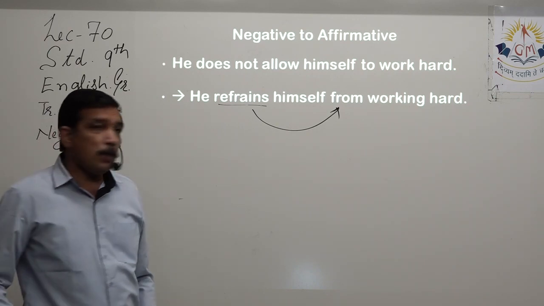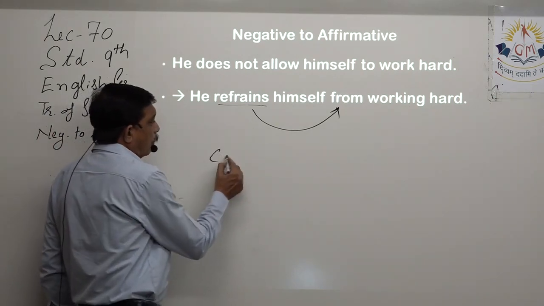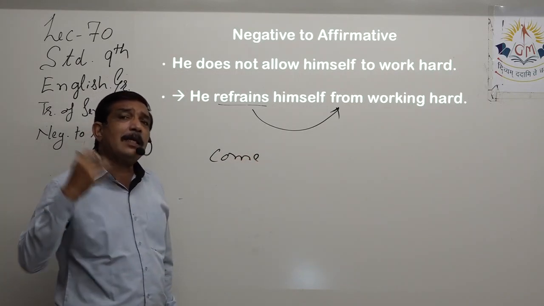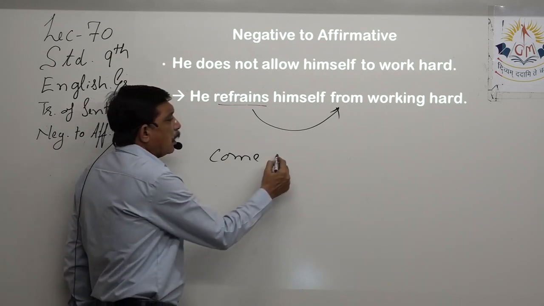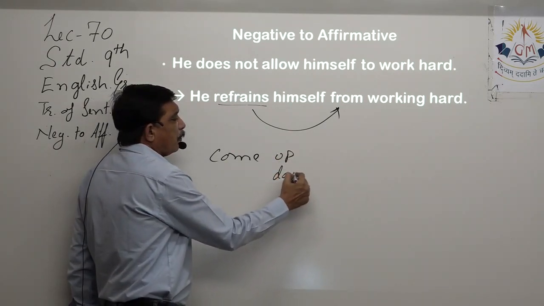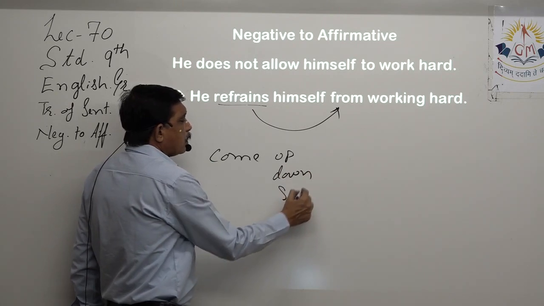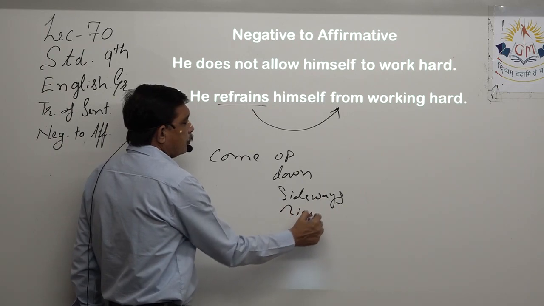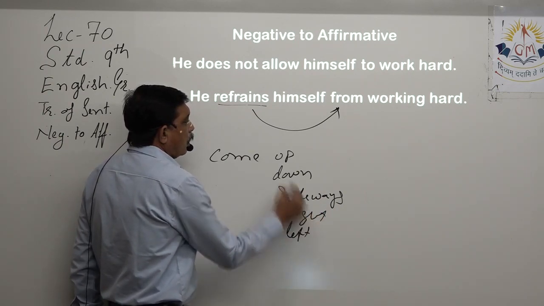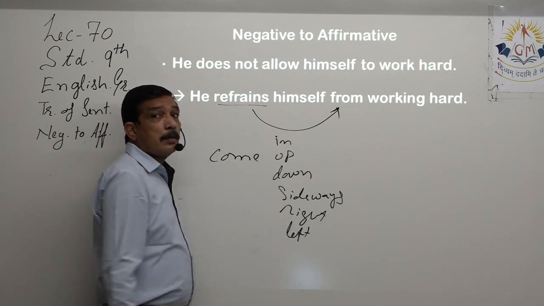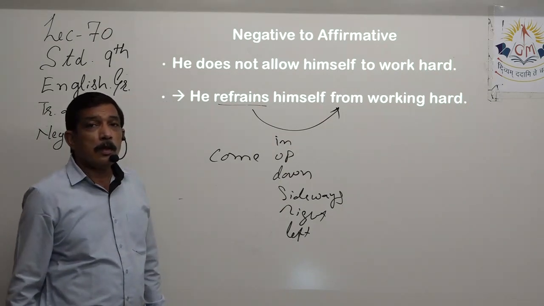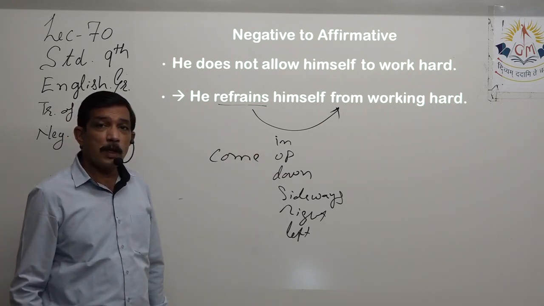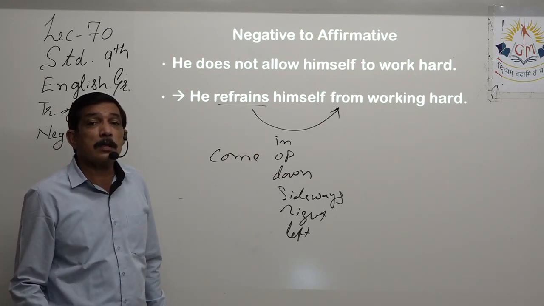If I use the verb "come", it can work with n number of prepositions. You say come up, come down, come sideways, come right, left, come in, n number of prepositions, and still many more: come within, come inwards.